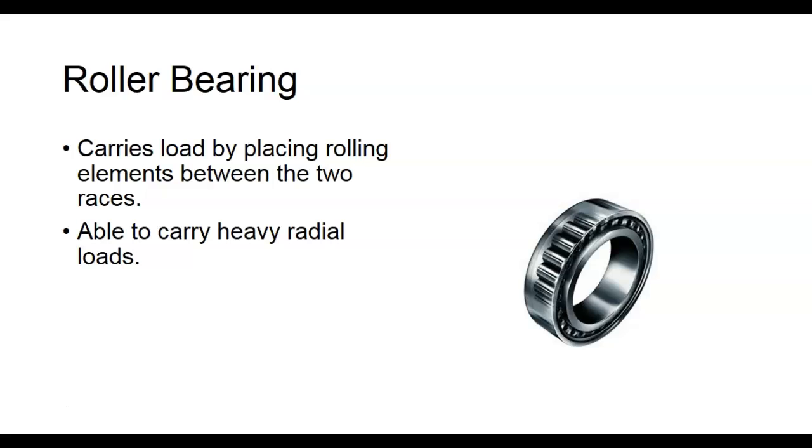And when they go into thrust bearings or bearings that have a lot of axial loads, it'll be smaller on one end, it'll be tapered. And basically it'll handle better axial loads.